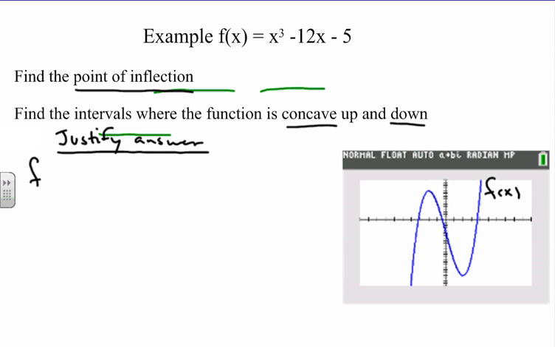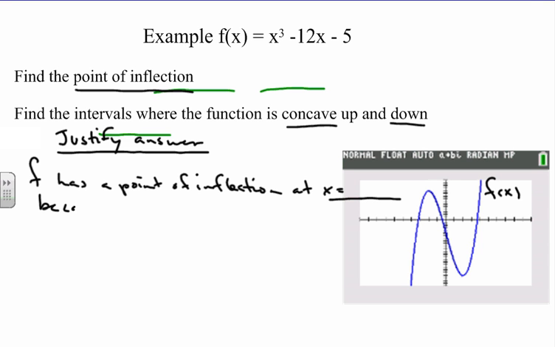What we're looking for is when f has a point of inflection at x equaling blah, because we're looking for when f double prime changes signs.